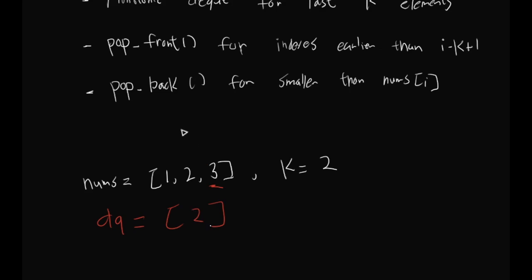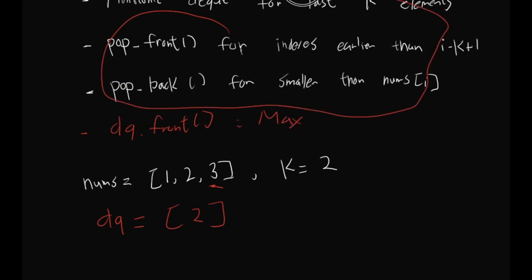So basically dq.front will be the max, or the min if we are trying to look for the minimum, because we have to do this whole loop twice, once for finding the sum of the max and once for finding the sum of the min. But dq.front will be the max, and that's not enough, because we also need to know how many times it appears.